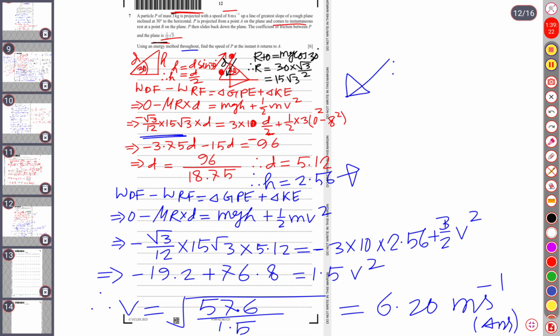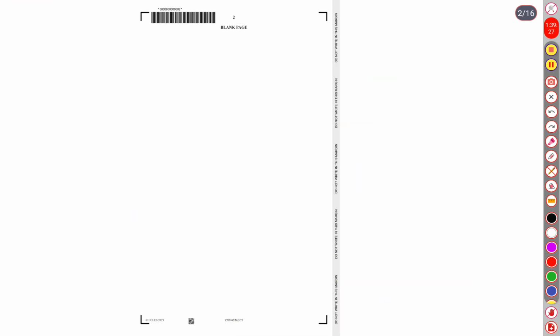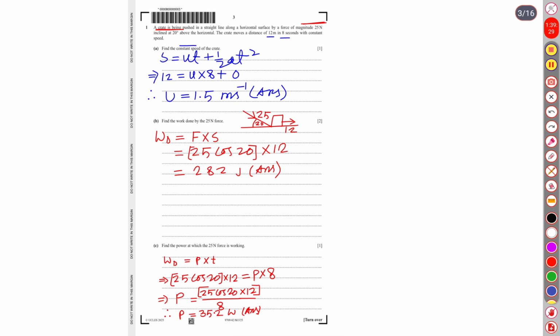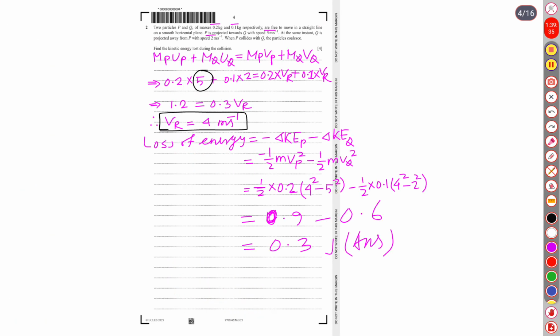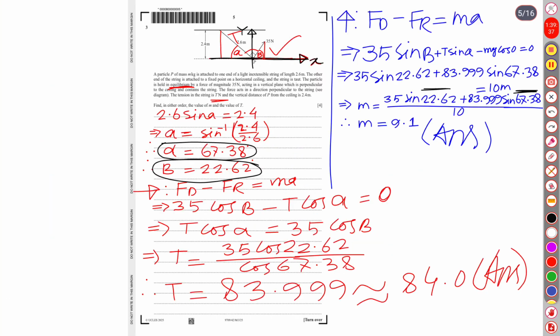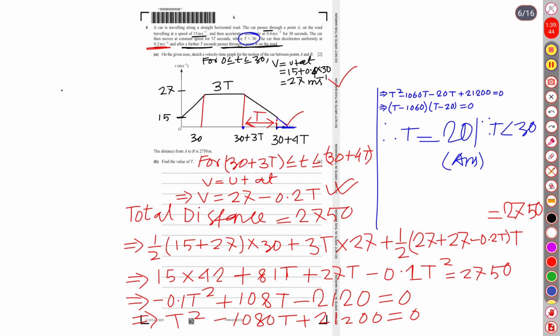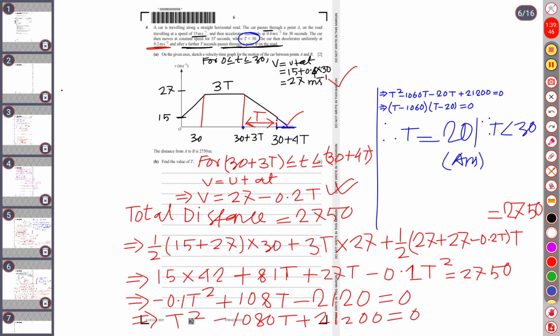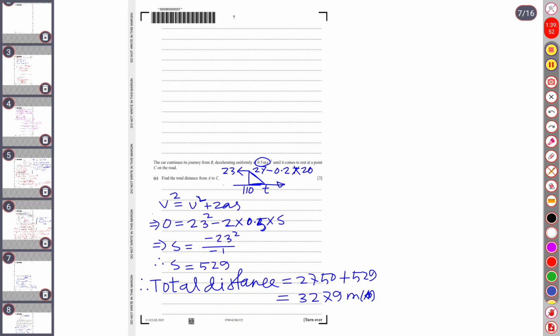So let us go back to the first solution. It was the first solution, then the second, then the third solution, then the fourth solution, then the fifth solution.